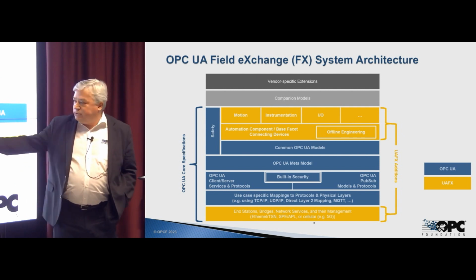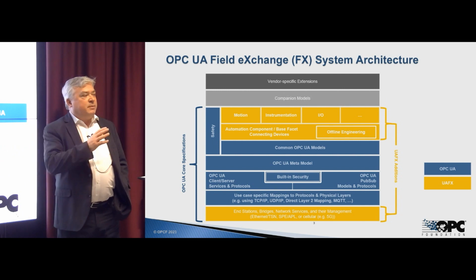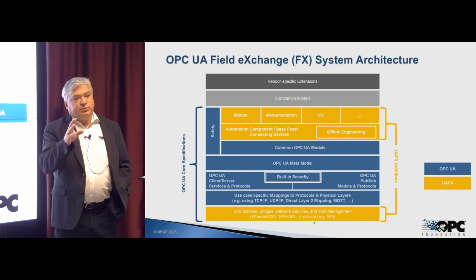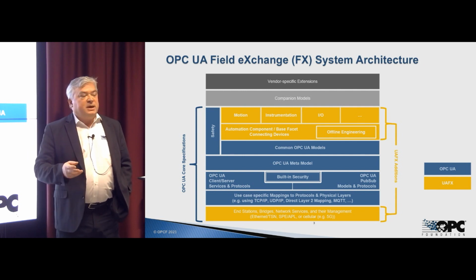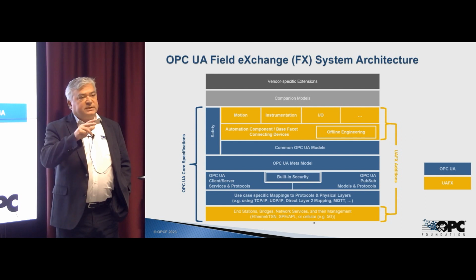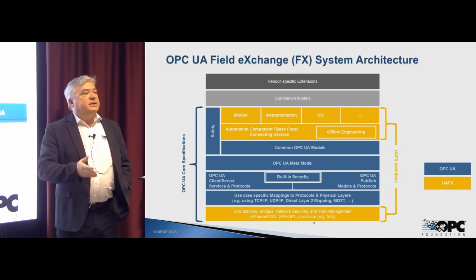Now going to the lower parts, certainly we have so many different requirements because we want to fulfill the needs of process automation as well as factory automation, that we need to do a specific mapping or binding to underlying protocols and physical layers, depending on the specific use case.